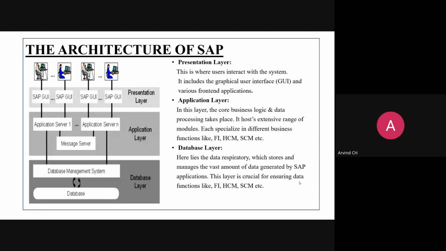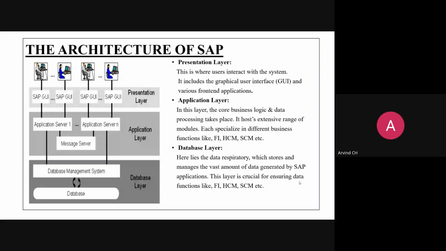Take the laptop or desktop: there is a keyboard and a monitor. Whatever data you input in the keyboard will be displayed on the monitor. The monitor presents the data. Whatever you input in the keyboard will go to the application layer.